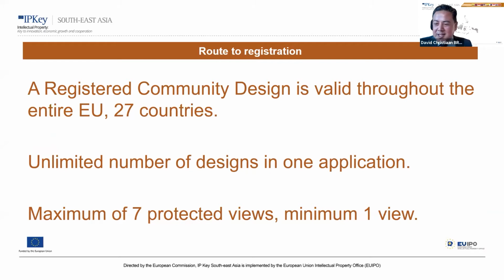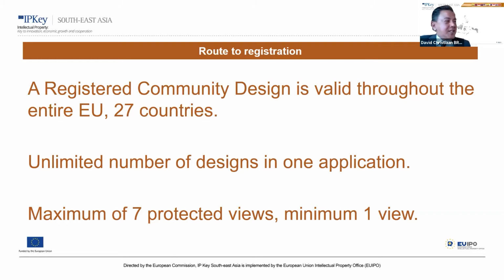And then we come to the next thing. What is the route to the registration? What are the characteristics? A registered community design is valid throughout the entire EU. That includes 27 countries. I'm now saying 27 because as of January, the UK, as you may know, will leave the European Union.